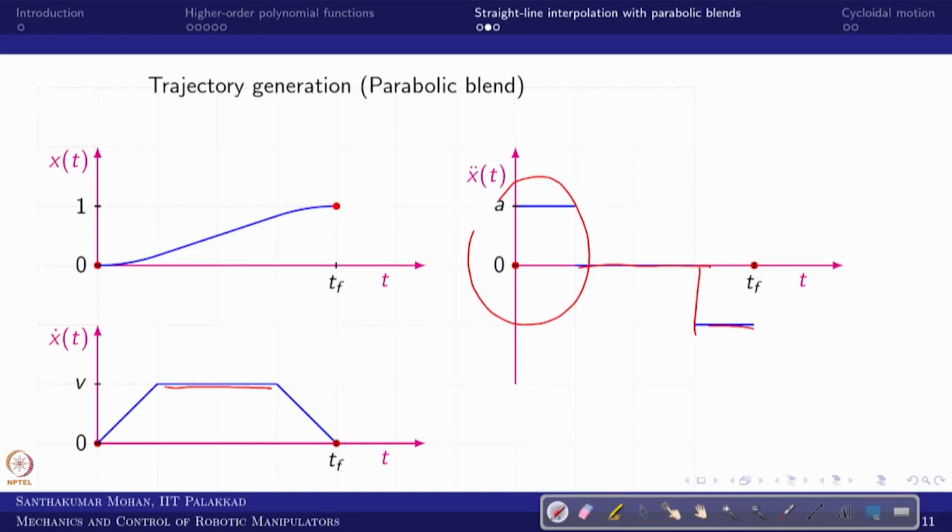So this is one simple step where the parabolic blend can come. Now this blend, instead of this big, you can make it small, or you can make it big according to your joint restrictions. For example, if your motor has so and so speed as the restriction, you can make the blend accordingly.